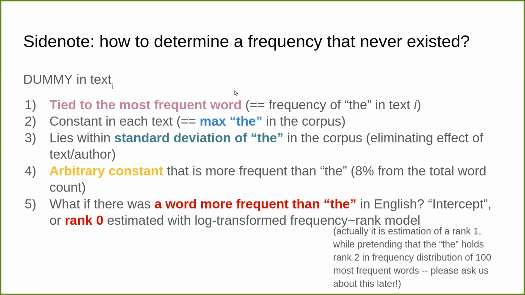So we do some tweaking there, and please ask us about this later so we can discuss it in more detail, but I won't spend too much time on it. It's a hacky solution, again, just for understanding and having some formal ground to model the frequency of the dummy word.